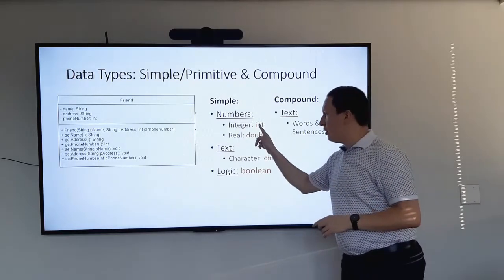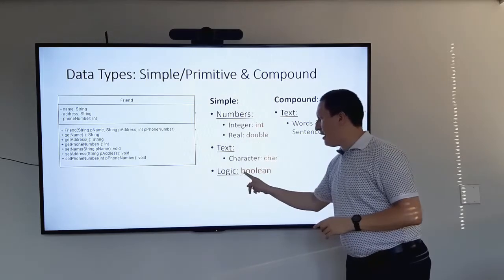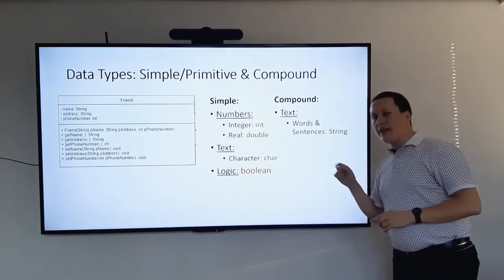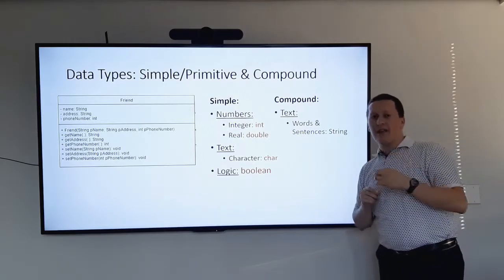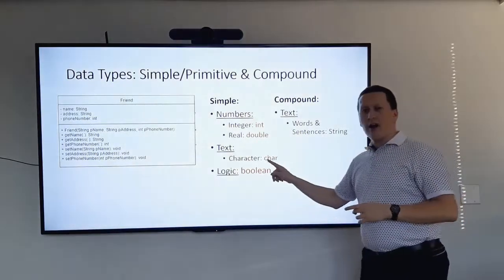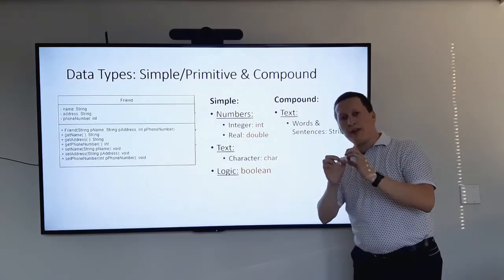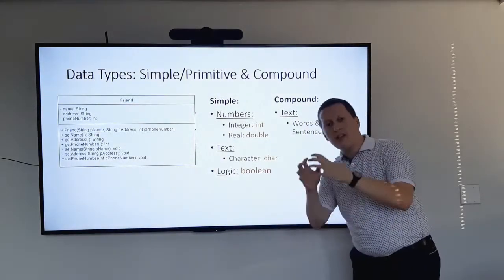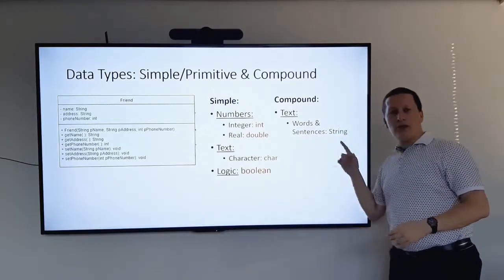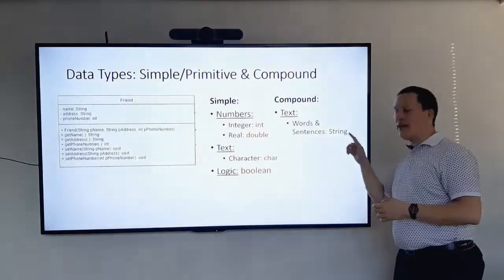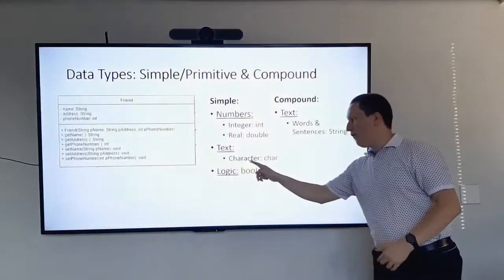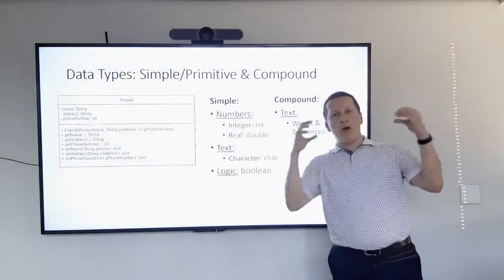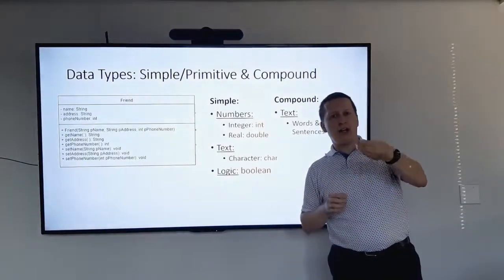Simple ones are generally written with a lowercase letter. Compound ones, following the standard, begin with a capital letter. Char is actually the primitive, simple data type that is used to build a string. A string is a list of elements of type char. So you see the word has characters.